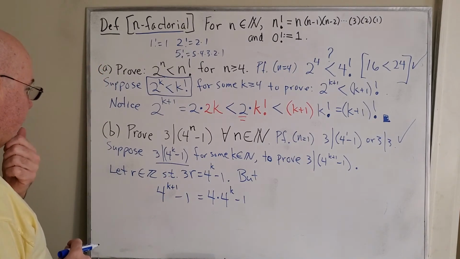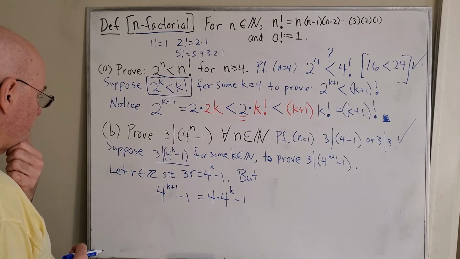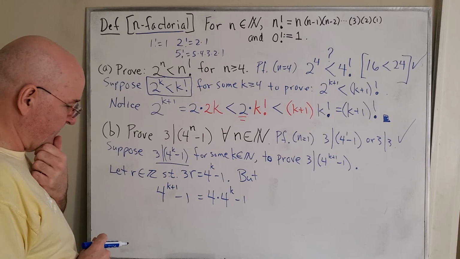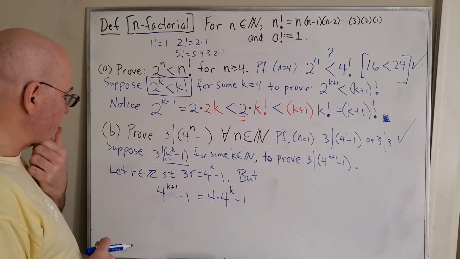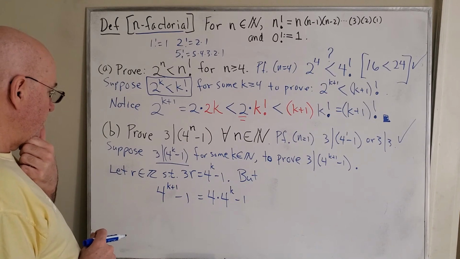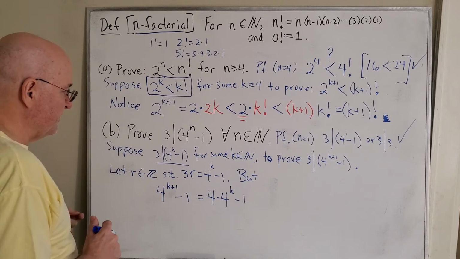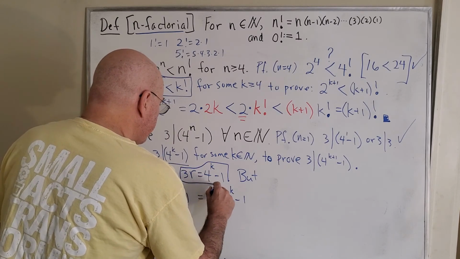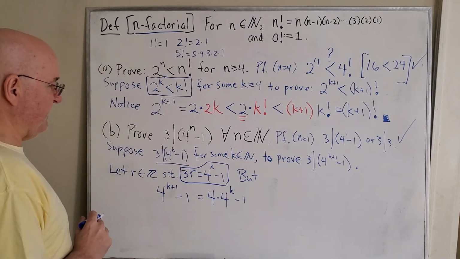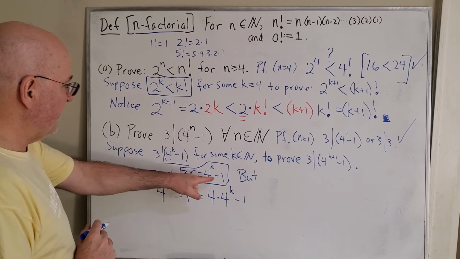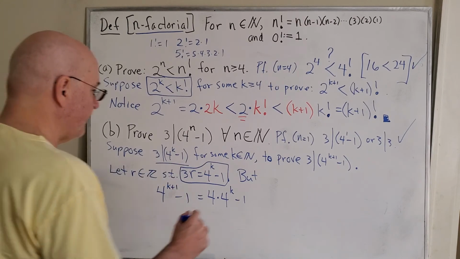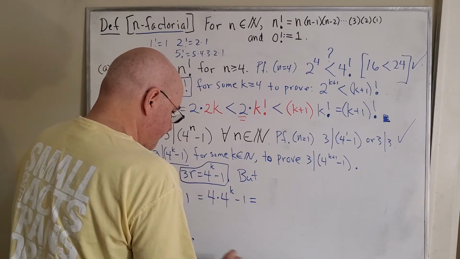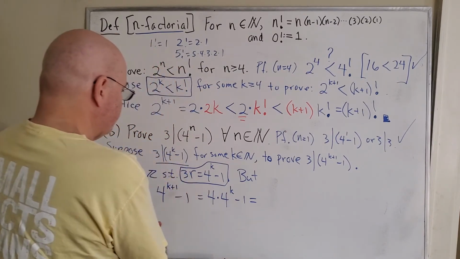But we know exactly what, let's see, what do we know? We know 3r is 4 to the k minus 1. So how could we do a substitution here? What is 4 to the k equal to? If I add 1 to both sides, I'm just going to replace that 4 to the k, and I'll do it in red in a minute.